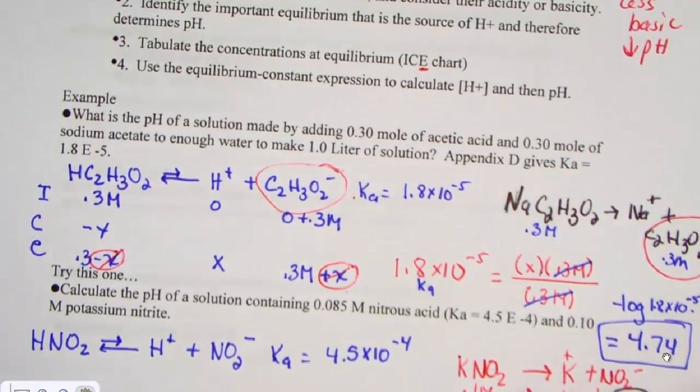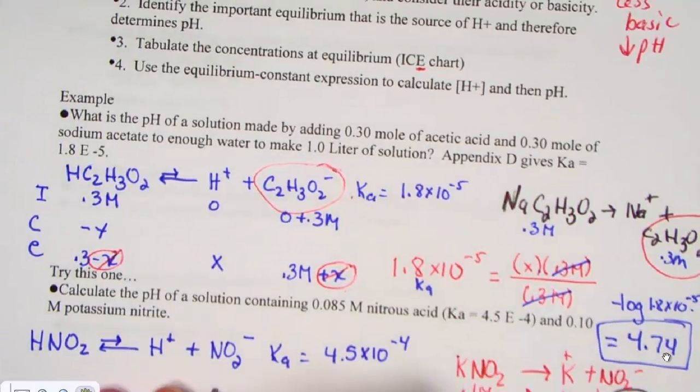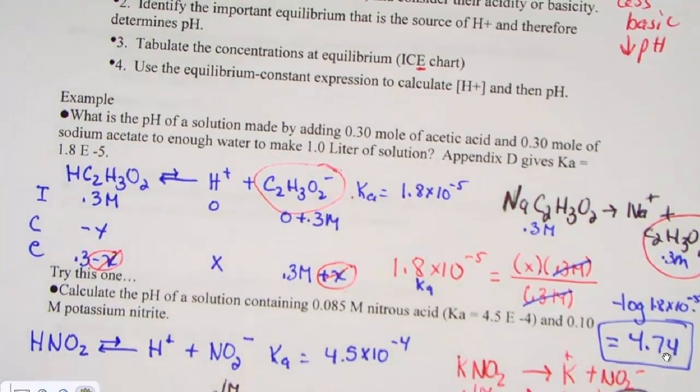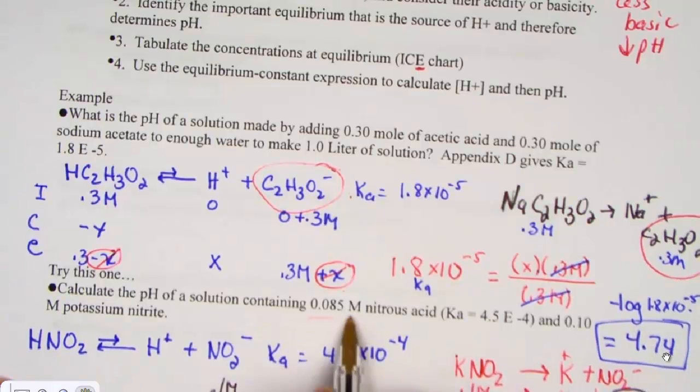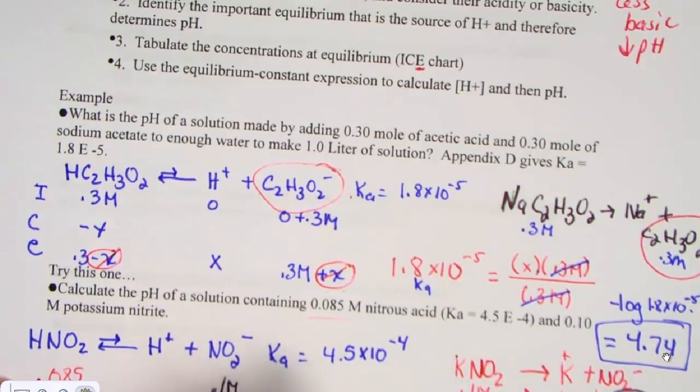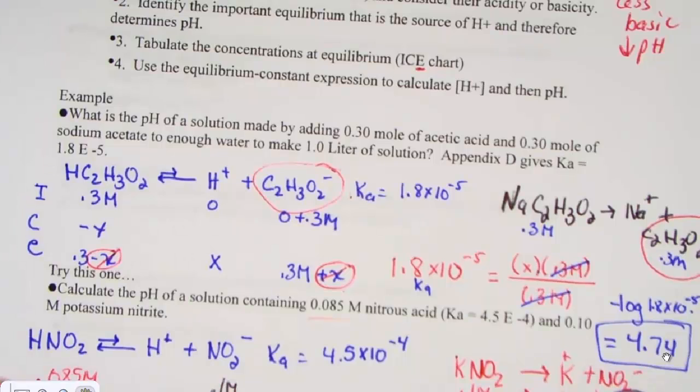So therefore, this value, the 0.1 molar, becomes the value we'll carry over here, 0.1 molar nitrite, the ion it has in common. Now the other thing we'll know is the solution started at 0.085 molar of the acid.